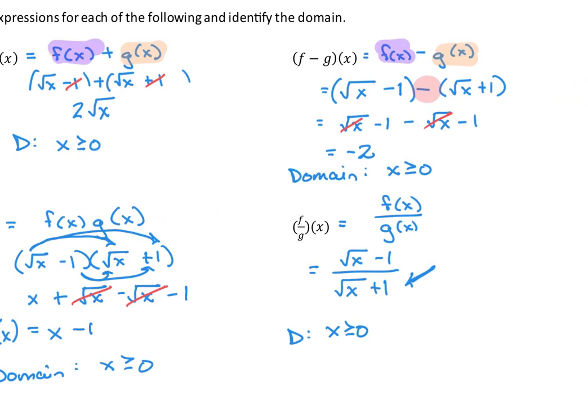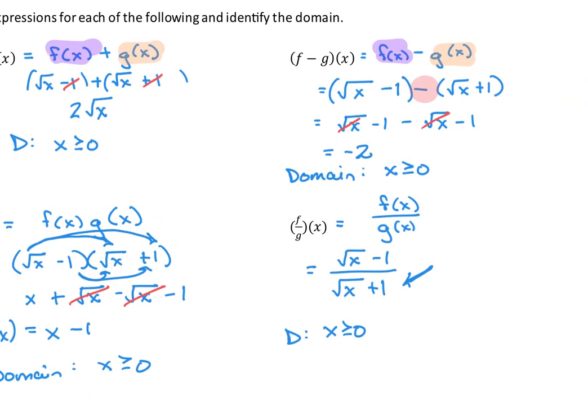And so for instance, here, we actually don't run into any problems. If we set this denominator equal to 0 and try to solve it, what we get is the square root of x equals -1, but square root cannot equal a negative number, and so we don't have any issues.